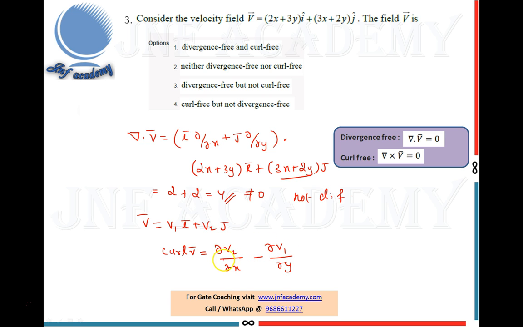This is the formula of curl V in a two-dimensional vector field.